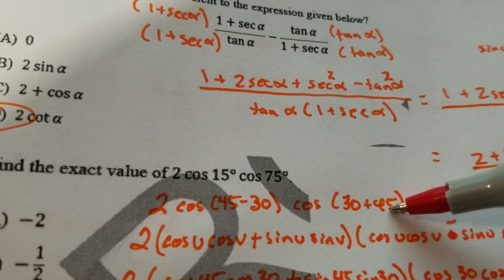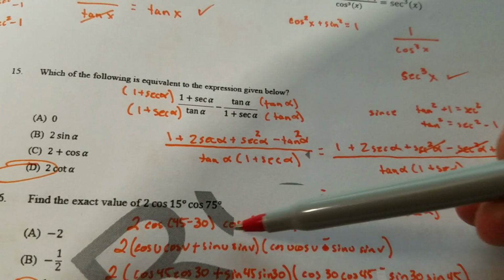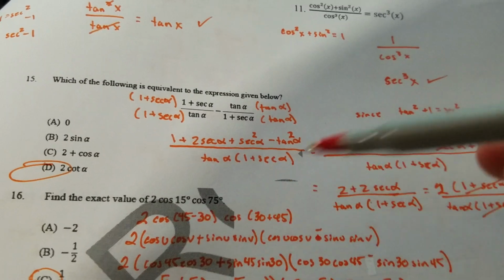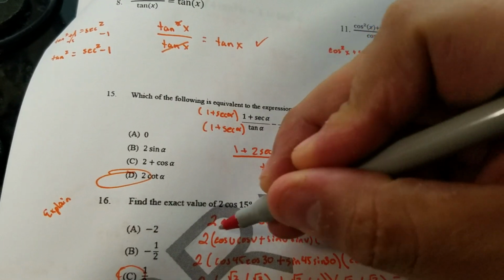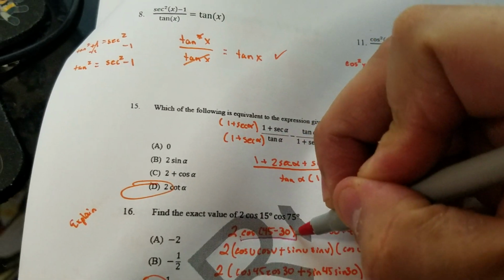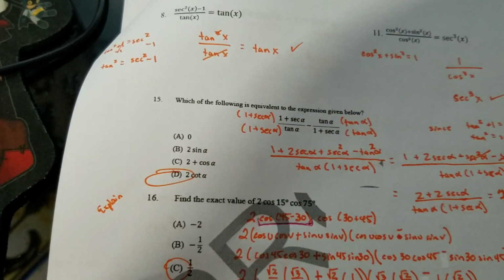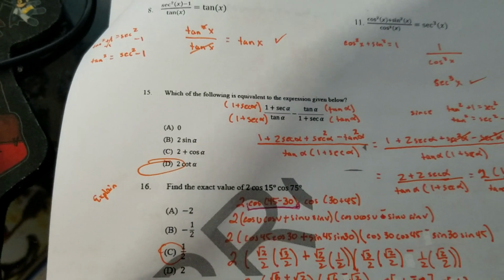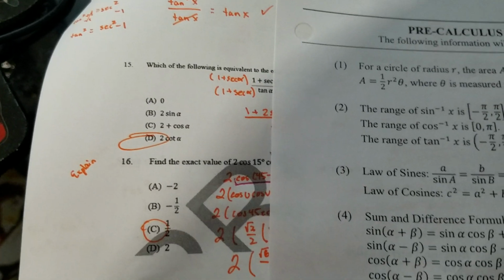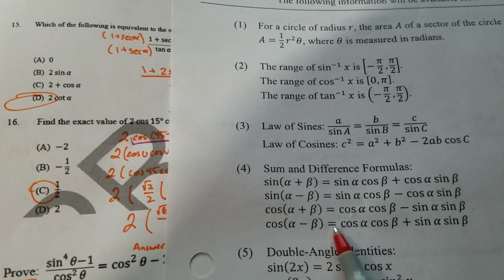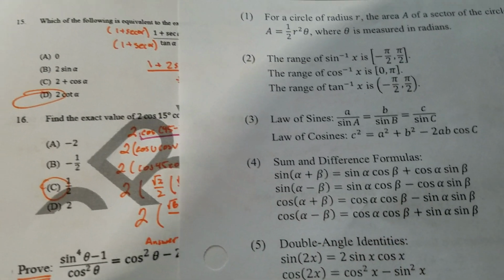Okay, so if I continue this problem, at this point right here, I'm using the sum and difference identity, cosine A minus B, which is this equation right here.